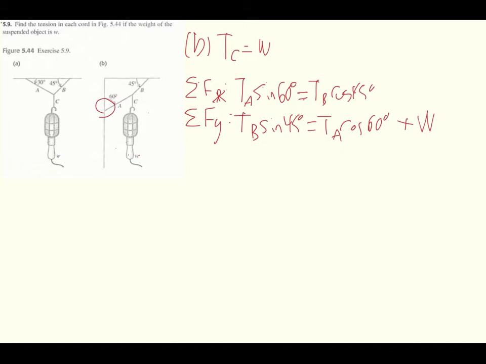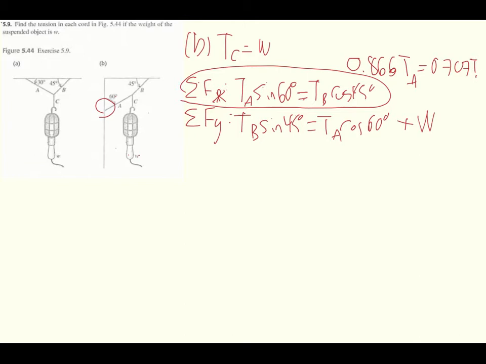So these are going to solve out a little differently than last time. So this one up here is going to simplify pretty nicely. The sine 60 is the cosine of 30. So what we're going to get for that is just going to be 0.866 T sub A equals 0.707 T sub B. Really, I think that's what we had last time also.